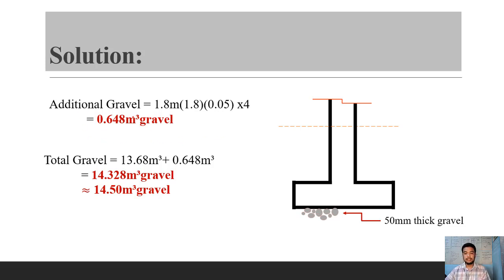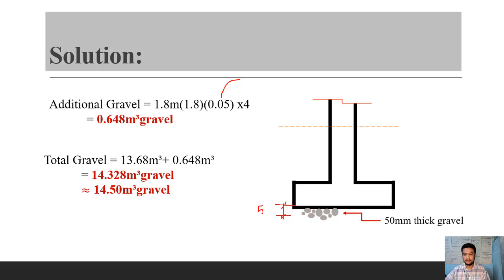So the additional gravel will be 1.8 by 1.8 times 0.05. Okay, this is the conversion of 50 millimeters to meters.